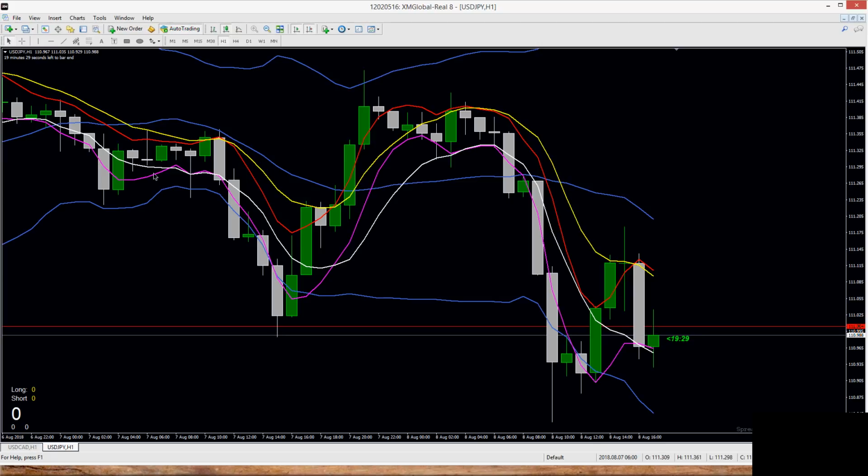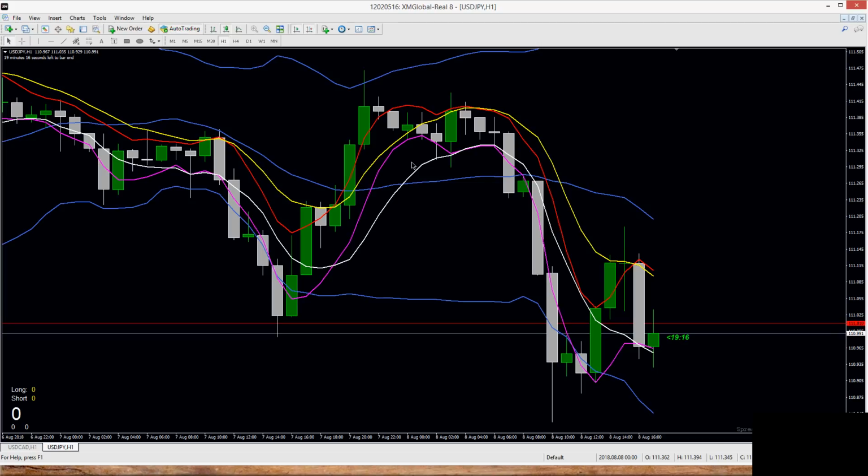Let me go through again. When you have the candle rejecting Malo, that's a reentry buy. When you have the candle rejecting Mahi, that's a reentry sell. When the candle breaks the moving averages, it tells you there's a direction.